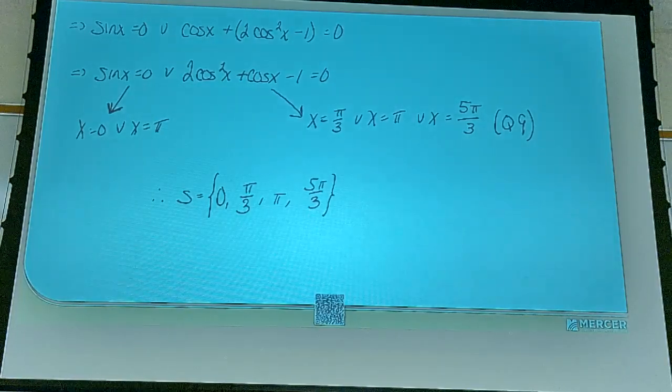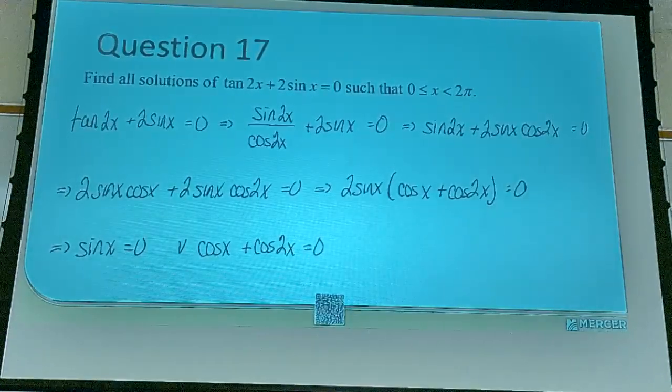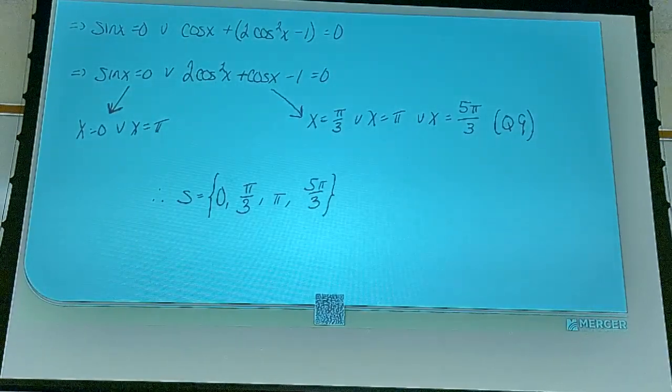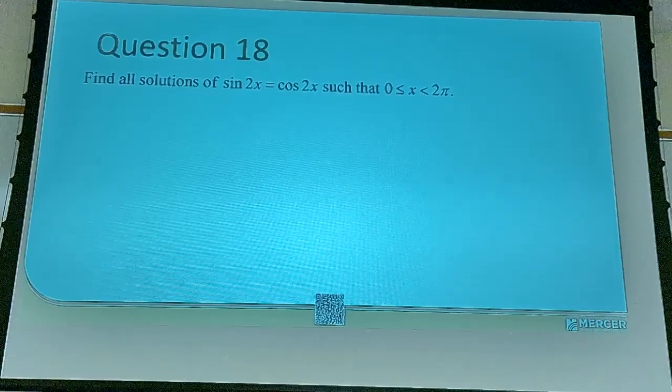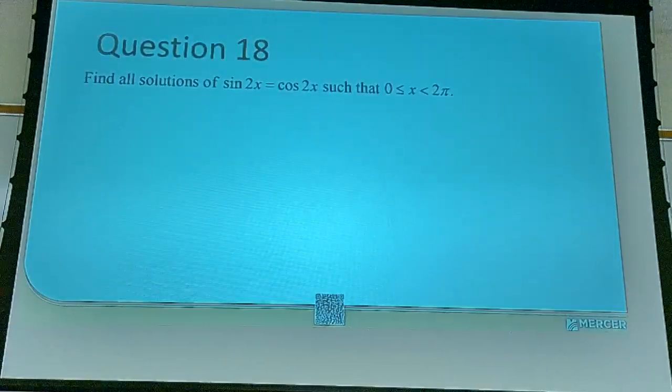And so I'll continue from number 17. Let's do this.